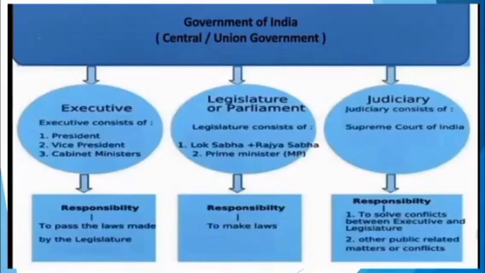The first one is executive, the second one is legislature or parliament, and the third one is judiciary. Executive consists of the president, vice president, and cabinet ministers. The major responsibility of the executive branch is to implement the laws made by the legislature.